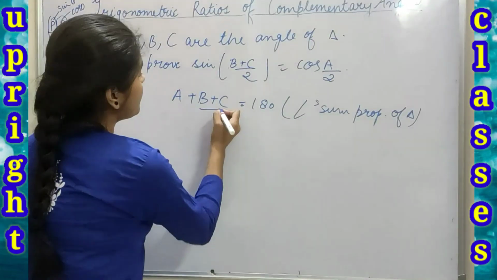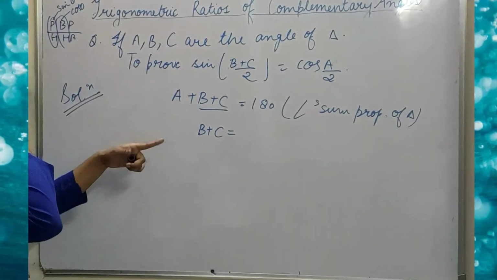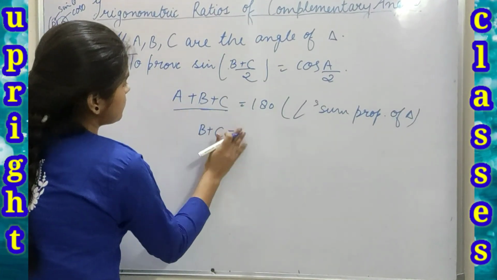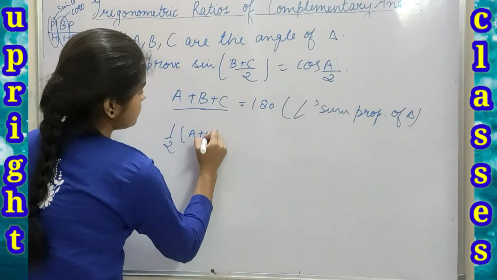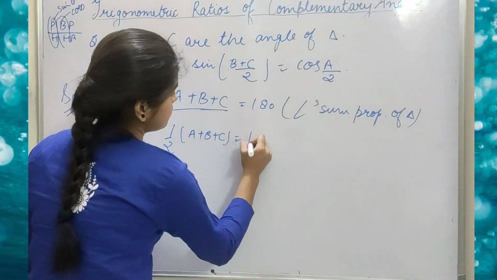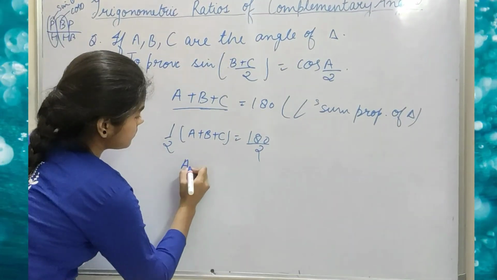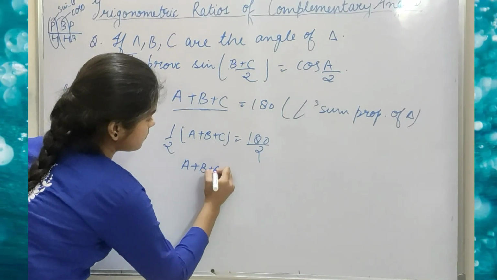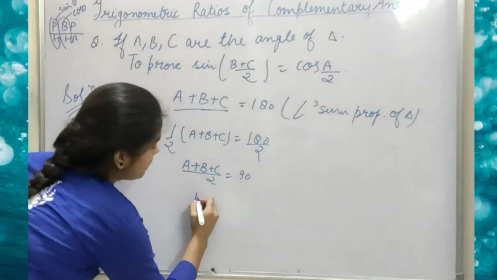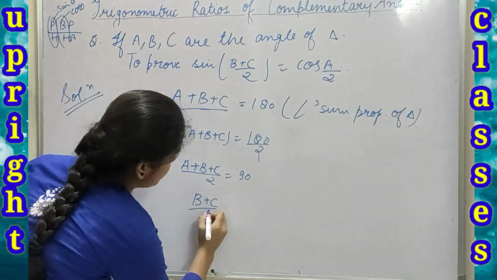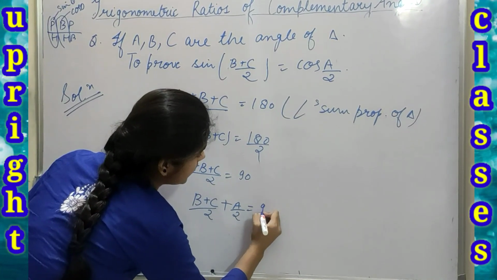Okay, and if you just take half of all this, B plus C whole by 2 plus A by 2 is equal to 90.